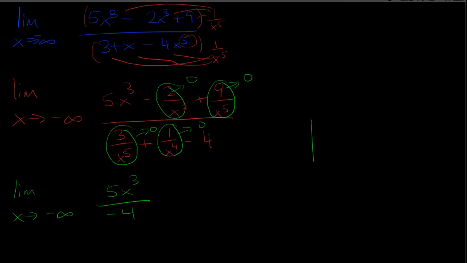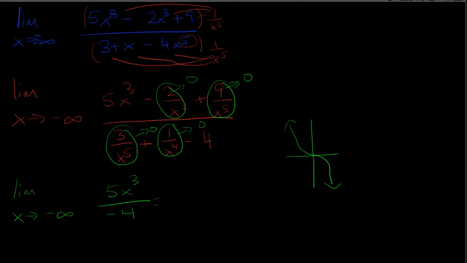Here, I know that negative x cubed will look something like this. And really, multiplying it by 5/4 just scales it, so it doesn't change much.